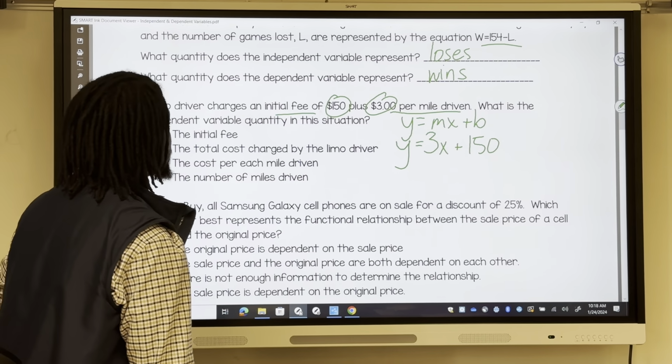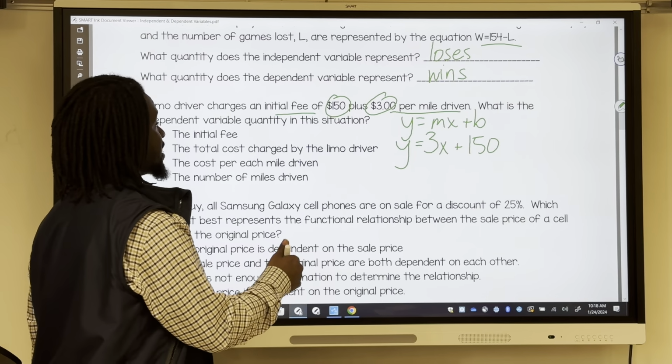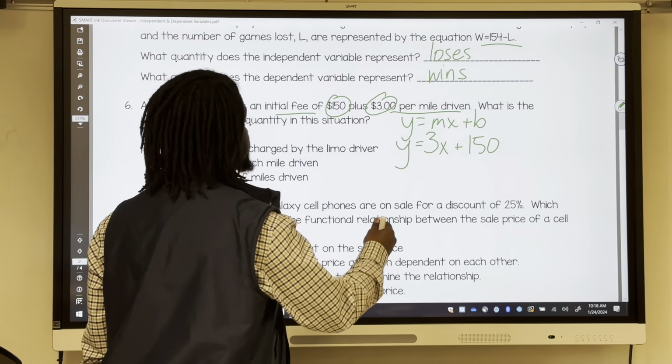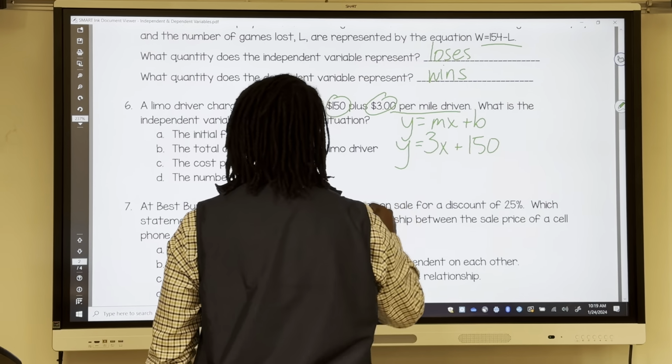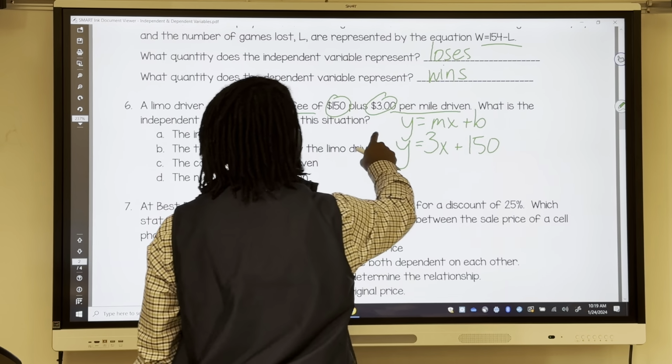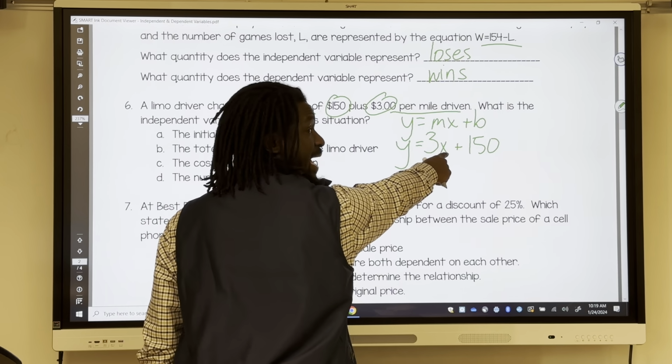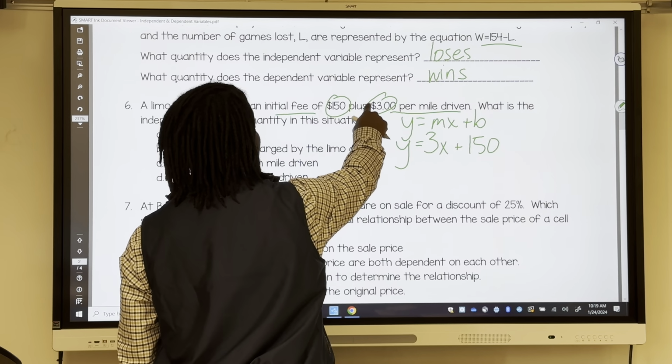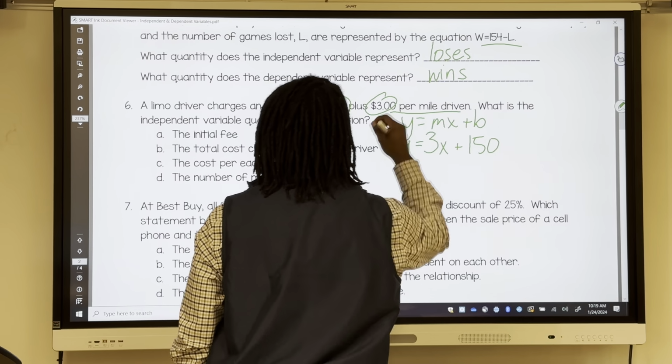All right. Now, again, we said the independent variable is going to be the one that is the x, right? And that is always with the slope. So the 3 is with the x. The $3 is the per mile, okay?